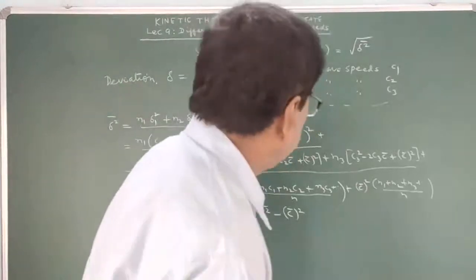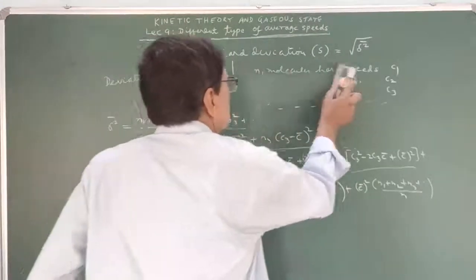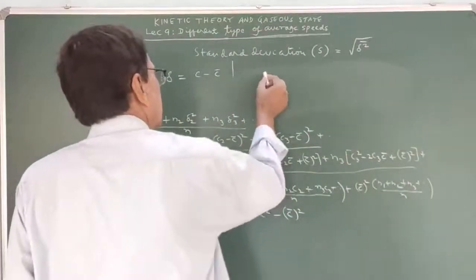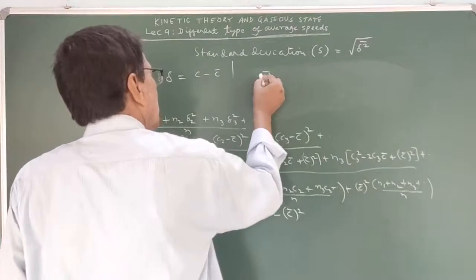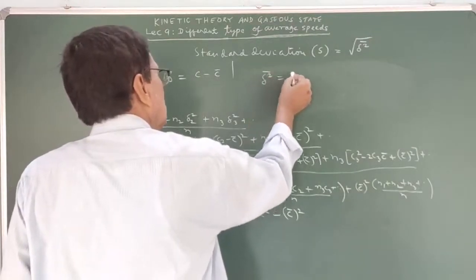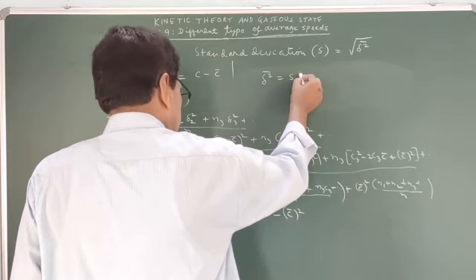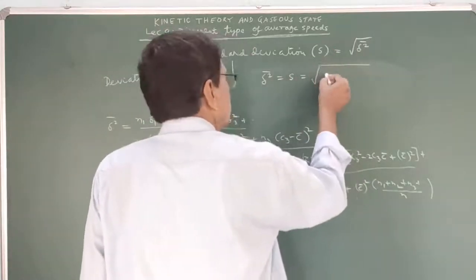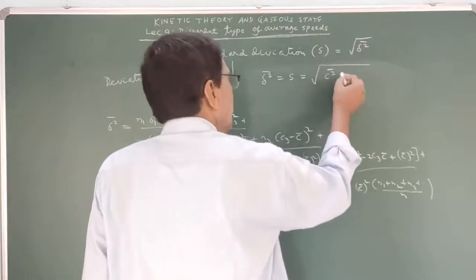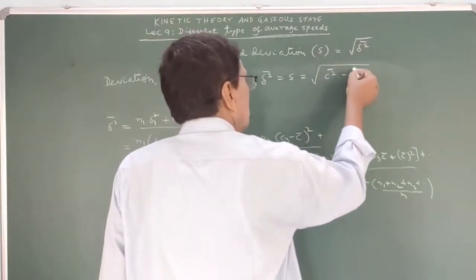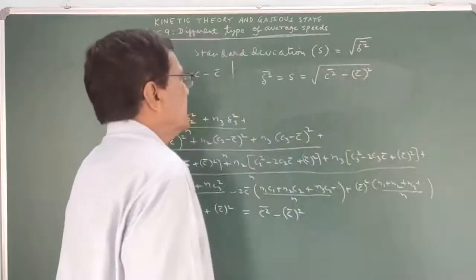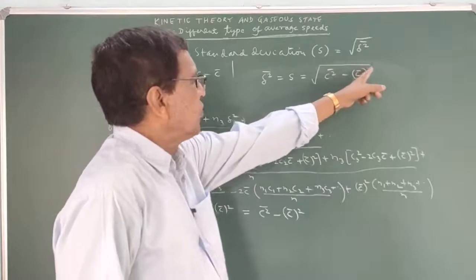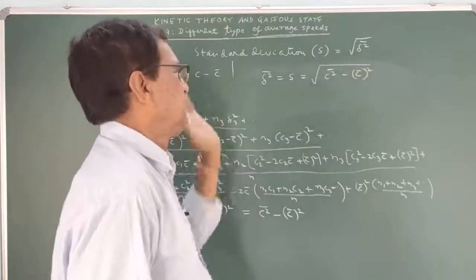So we can write here del square bar, and the standard deviation will be the root over of C square bar minus C bar square. It is the mean square speed minus the square of mean speed.